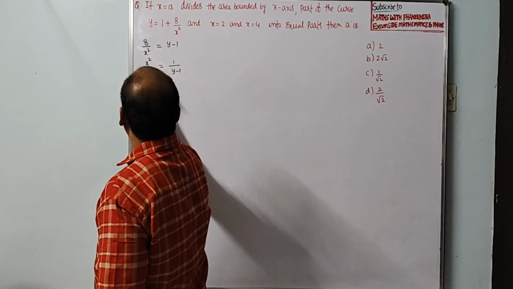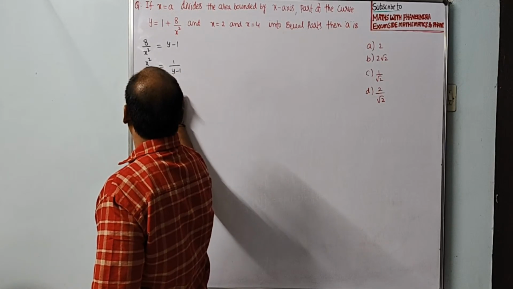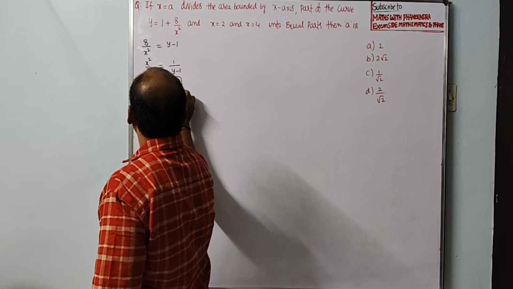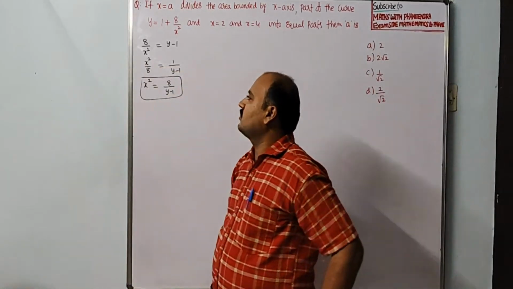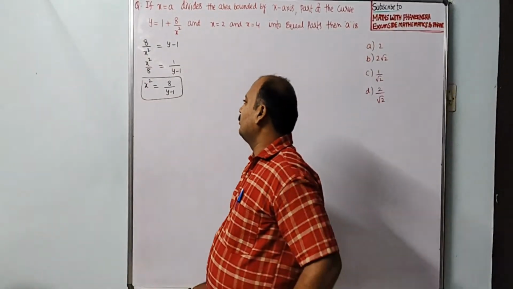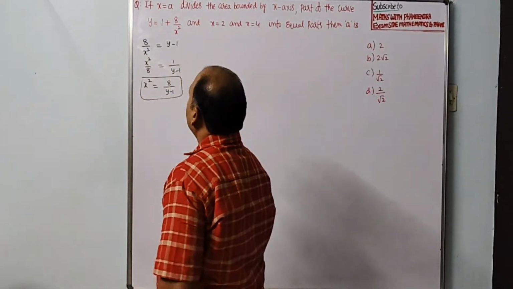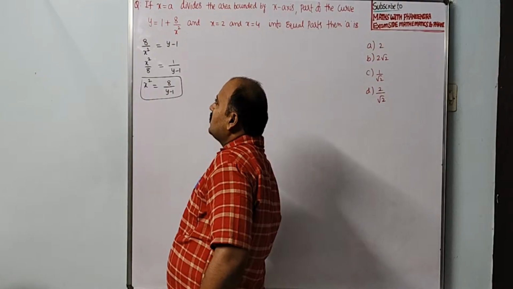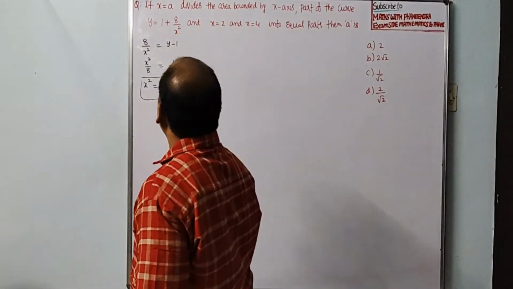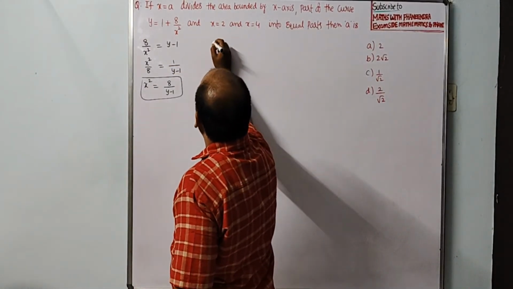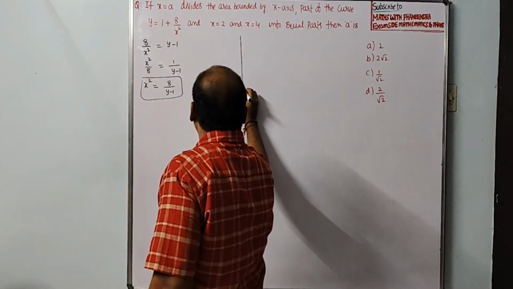So x square equal to 8 by y minus 1. So this is the curve that comes. X square equal to 8 by y minus 1, so this is also a parabola curve. The curve roughly we draw in that way.